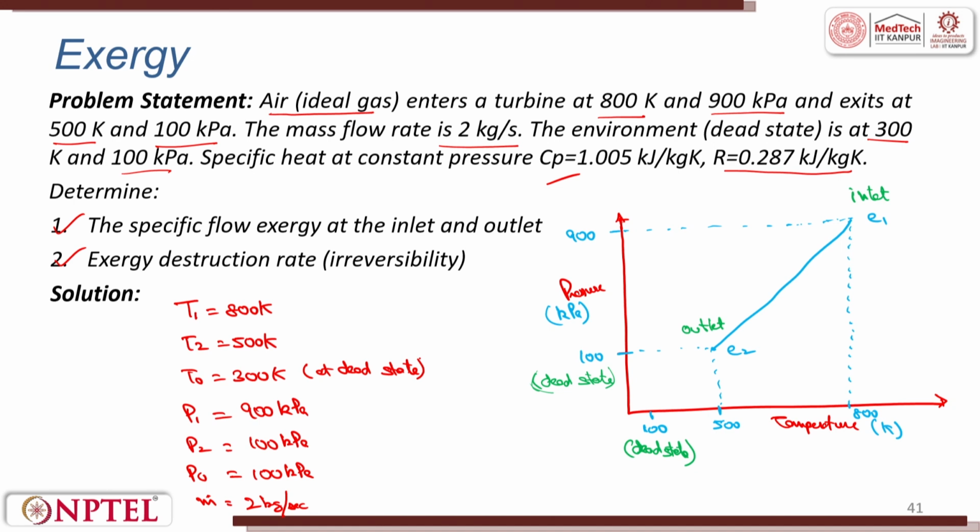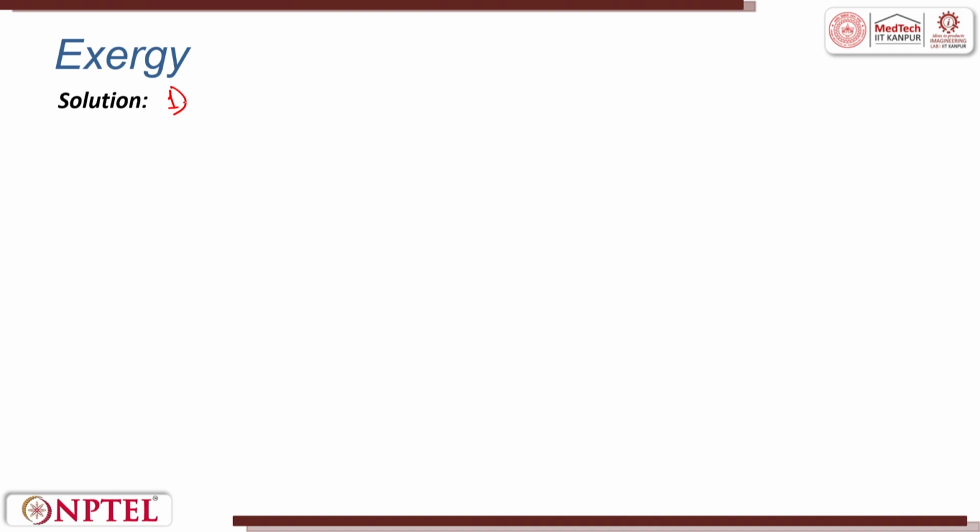Now, the first part that is asked in the question is the specific flow exergy at inlet and outlet. I need to find E1 and E2. We know E is equal to H minus H naught minus T naught times S minus S naught.